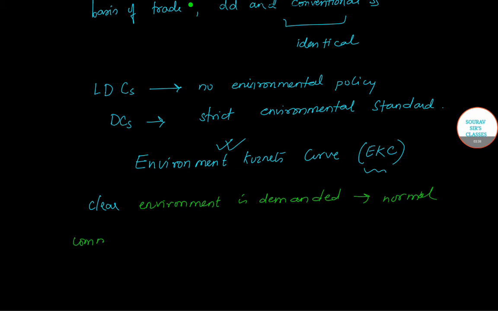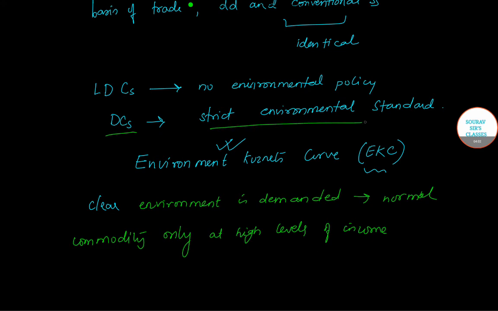Now, this situation will arise only when everyone has high level of income, or it is demanded as normal commodity only at high levels of income. Now, the developed country, as I have said, follows strict environmental standard. So, environment as a normal commodity is not demanded at low level of income.